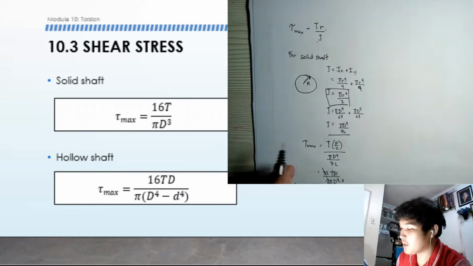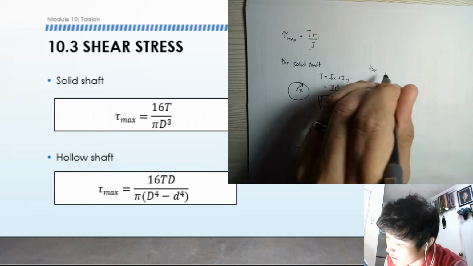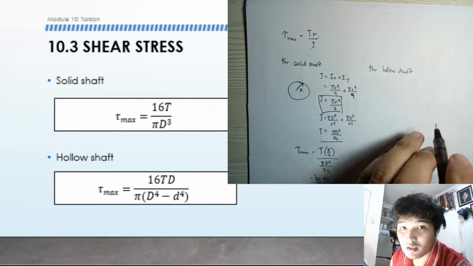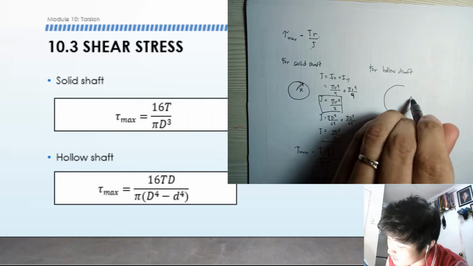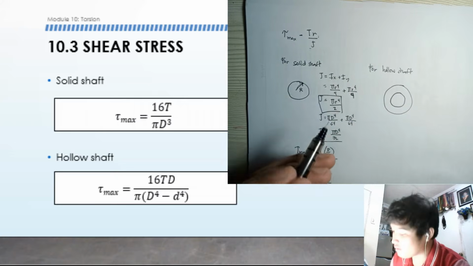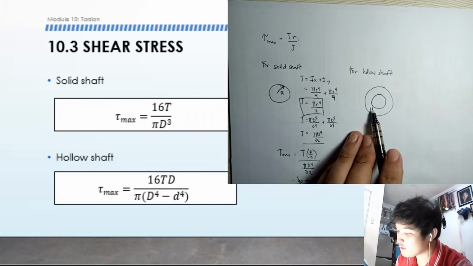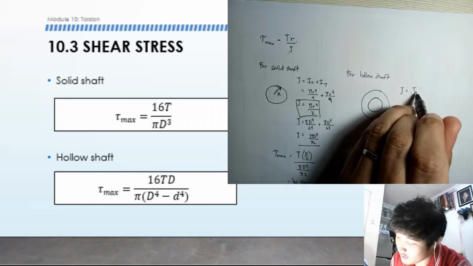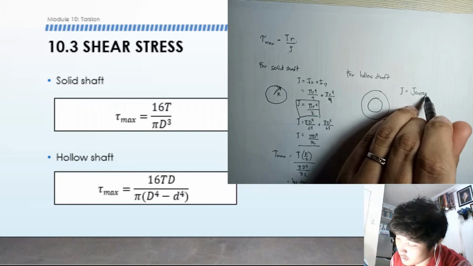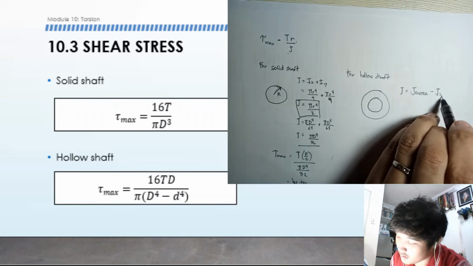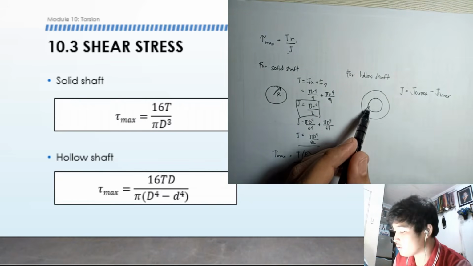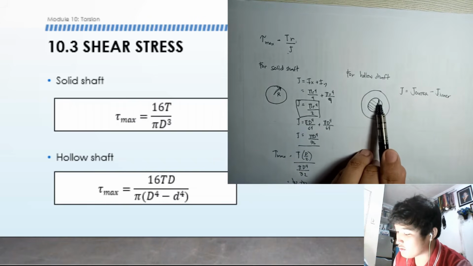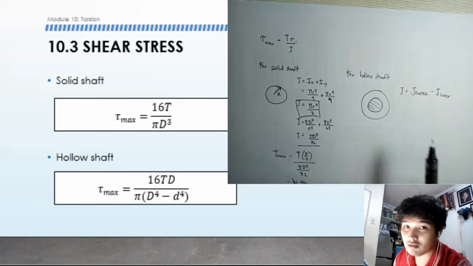Okay? So, para naman sa hollow, ito naman siya. Okay, so may butas siya sa loob, no? So, paano gagawin ng class? Paano makukuha yung J? Eh, gawin natin, kunin natin yung J ng outer minus yung J ng inner. Kasi, hollow, wala ito, di ba wala ito class? So, tatanggalin natin siya. So, yung J ng malaki minus yung J ng maliit. So, makuha natin yung J ng hollow.